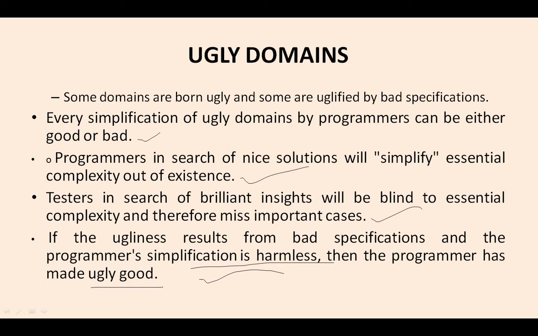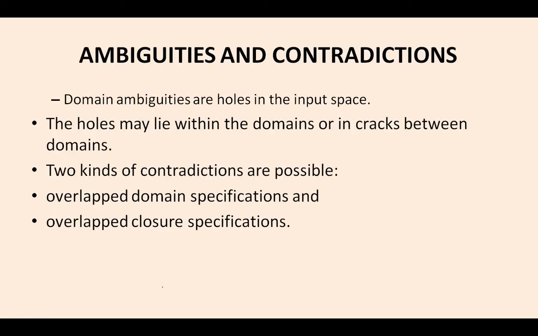So ugly good means nice. What we can conclude is that we have to convert incomplete to complete, inconsistency to consistency, and bad specifications to good specifications in order to turn the ugly domains into nice domains. Next, ugly domains also have other properties like ambiguities and contradictions. What are the domain ambiguities?